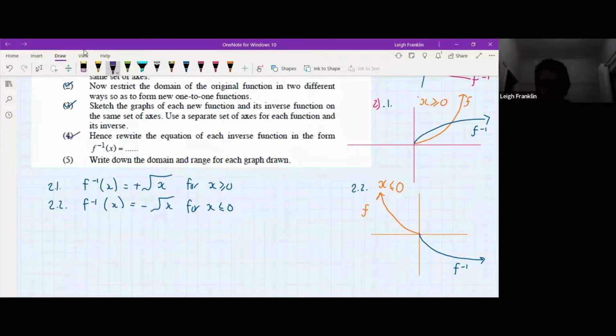Then they want us, last of all, to write down the domain and range of each graph that has been drawn. So in the last bit now, domain and range for f. For f, our domain, can you guys tell me what you think that would be? It's actually on the screen already.